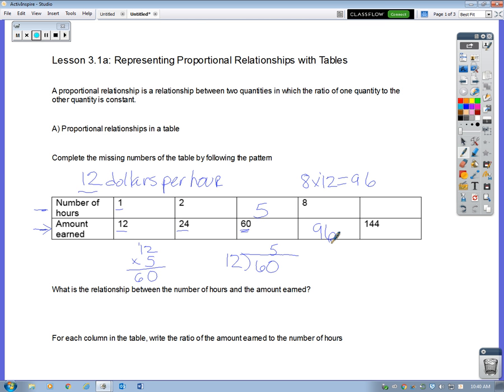And our last one is $144. So we're going to divide 144 by 12. 12 goes into 14 once. 14 minus 12 is 2.